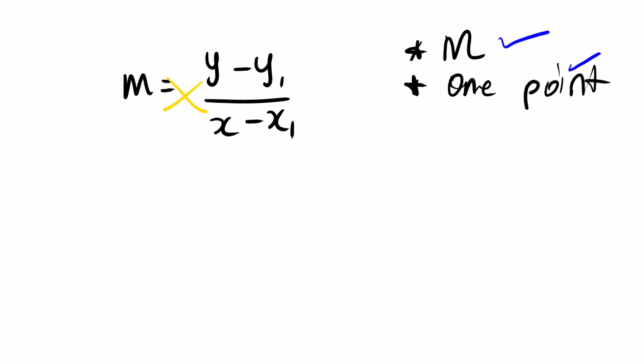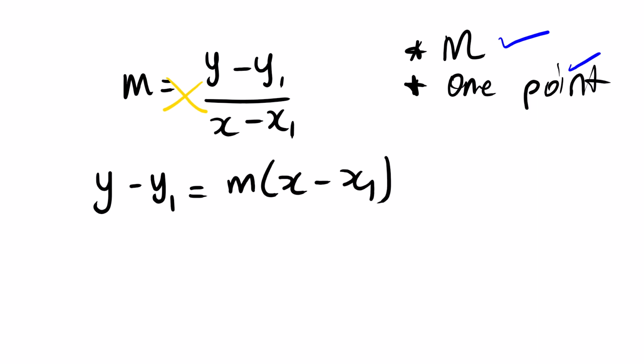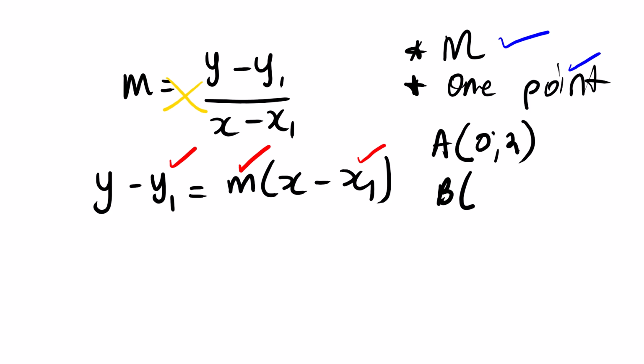If you cross multiply this, we are going to have y minus y1 equals m times x minus x1. So in this case, we have this, and we have this. Our given points are A, which is 0 maps 2, and B, which is 4 maps 0. It doesn't matter which point you choose, the answers will be the same.